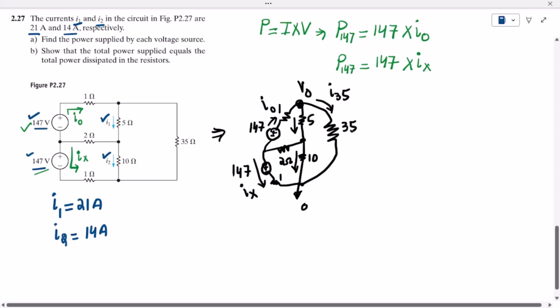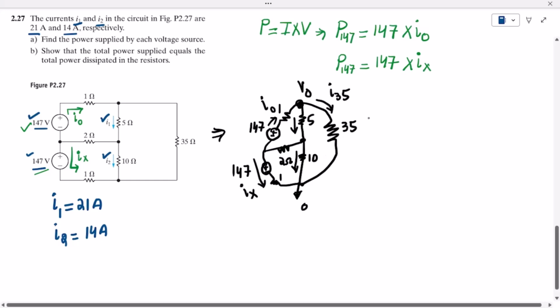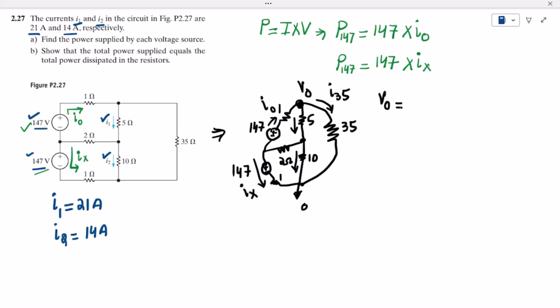This branch and this branch are in parallel. Therefore V naught is equal to V35, across the 35 ohm resistor, and also the voltage drop across the 5 ohm and 10 ohm, so it is V5 plus V10.